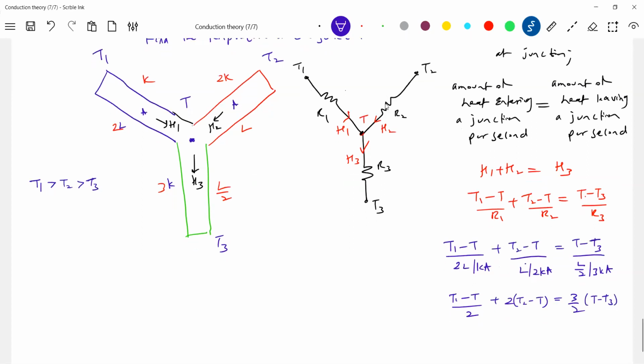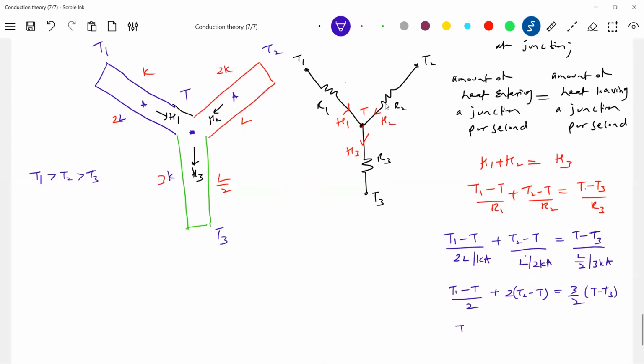Solving this, we'll get the required answer. Okay, T1 by 2 plus 2T2, this should be equal to T by 2 plus 2T plus 3T by 2.